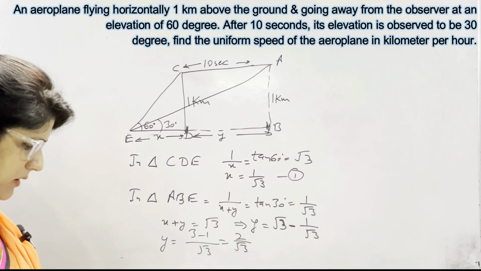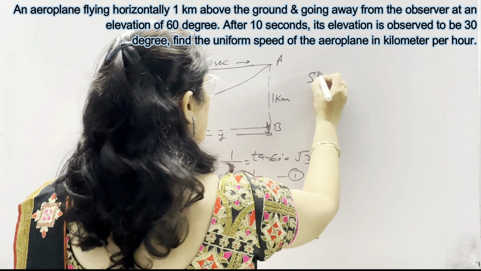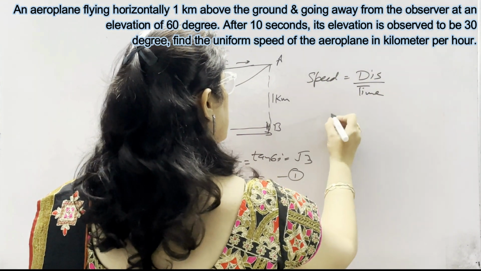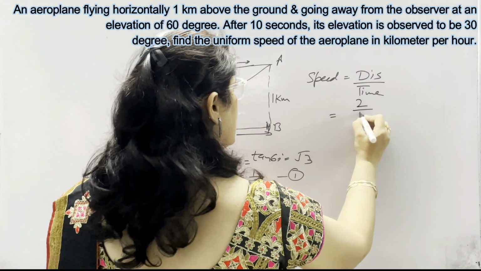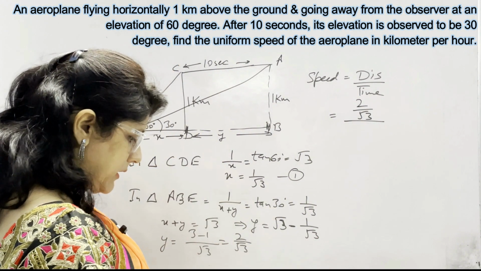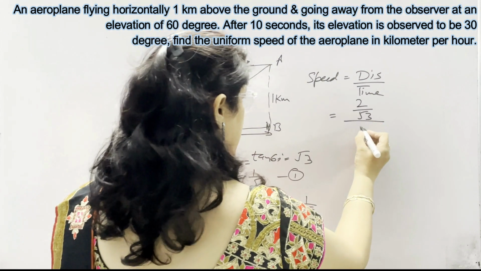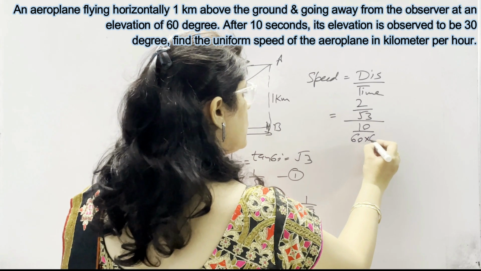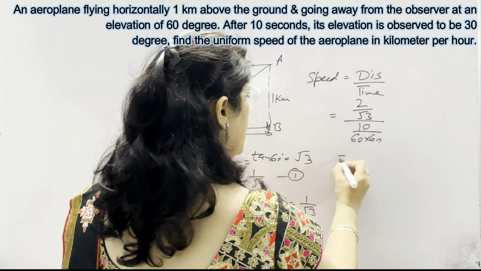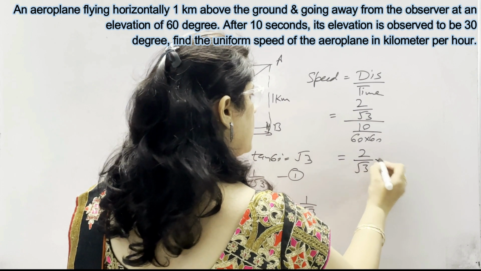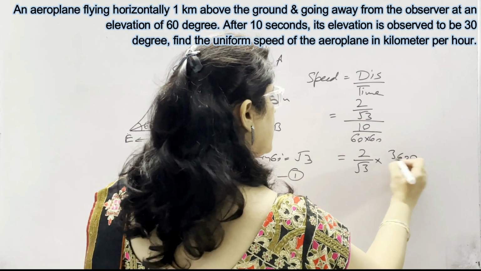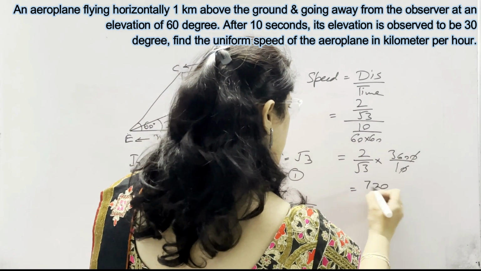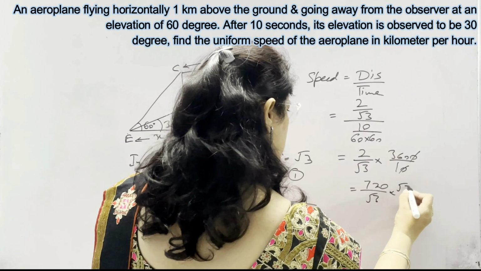Now we can calculate the speed. Speed is equal to distance upon time. Distance is 2 upon under root 3 and the time given in the question is 10 seconds. So convert it into hours: 60 into 60, first into minutes and then into hours. So the overall calculation is 2 upon under root 3 times 3600 upon 10, which means 720 upon under root 3.